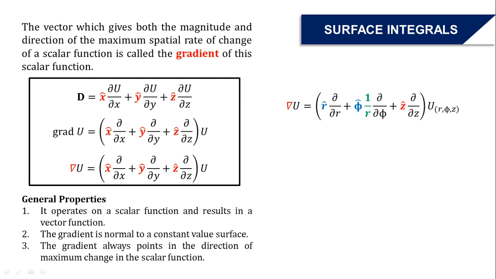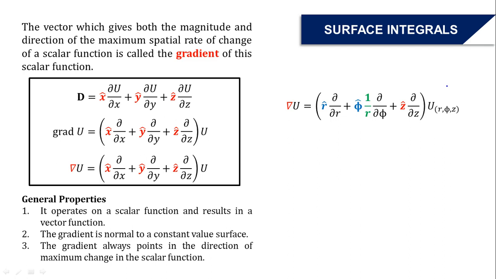R hat, then yung partial derivative ng function na nasa cylindrical coordinates with respect to R, and then plus phi hat 1 over R times the partial derivative ng u or function na nasa cylindrical coordinates with respect to phi plus z hat partial derivative of the function in cylindrical coordinates with respect to z.